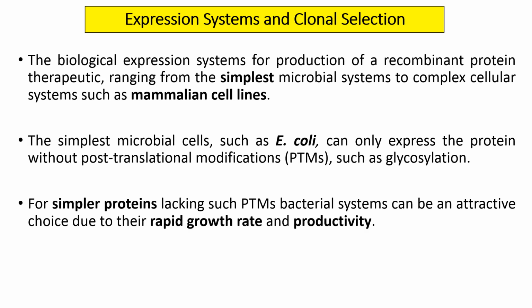we discussed the first step to obtain an effective CMC strategy, which is to know and understand the reference drug. The second step we should take into consideration in order to obtain an effective CMC strategy is to know the expression system and the clonal selection for the biosimilar drug.